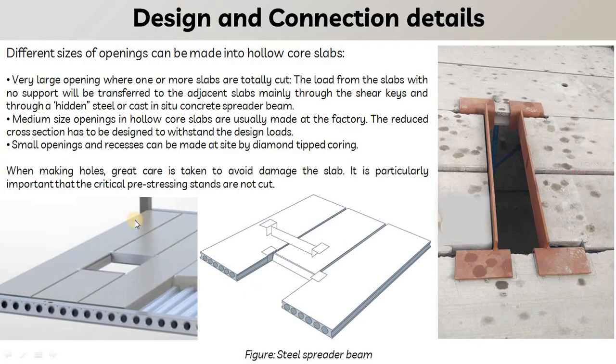Let us assume this is one of the floors in which there is a requirement for an opening. This hollow core slab will need some support to rest on. To rest this hollow core slab, we will use this kind of beam known as the saddle beam, or the spandrel beam, in which the load of this slab will be transferred 50% to the right-hand side and 50% to the left-hand side.